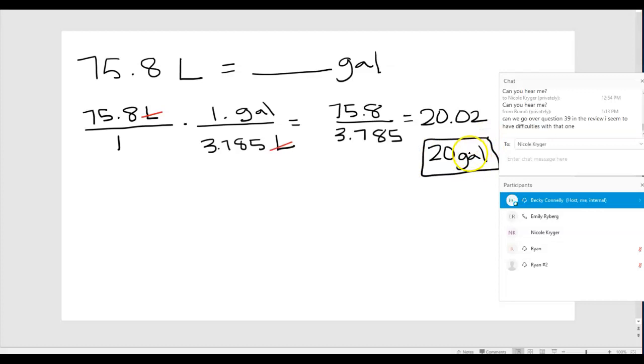All right. You want to try another one like that? Okay, let's go 4 inches to centimeters. 4 inches equals how many centimeters?